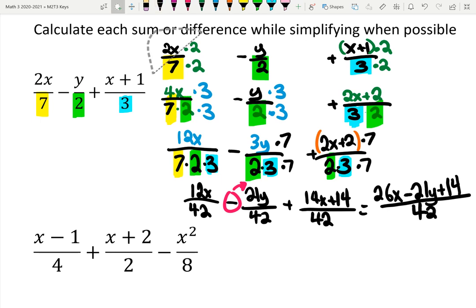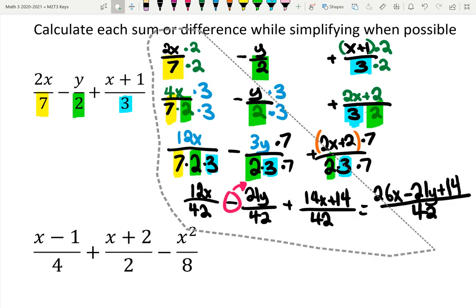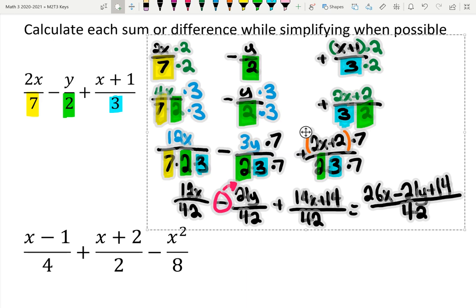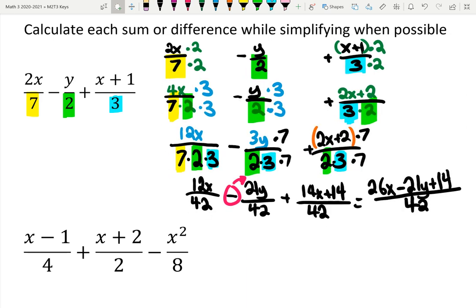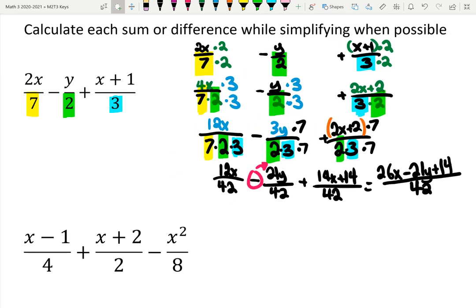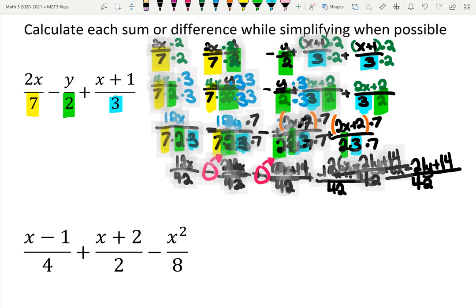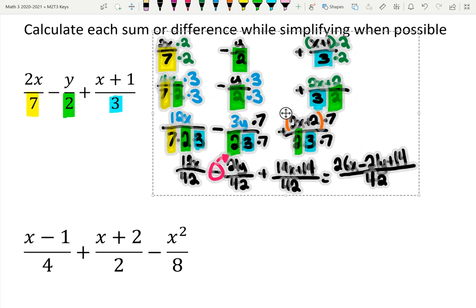You can go ahead and multiply each number by a factor to make it the LCM 42. I just wanted to model the process that you can do it in parts as well. So both methods are correct.